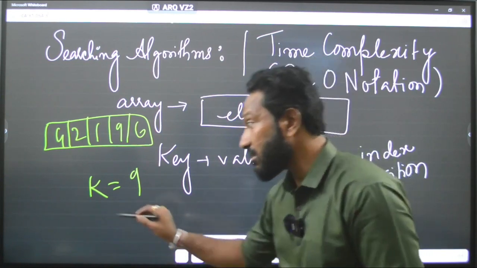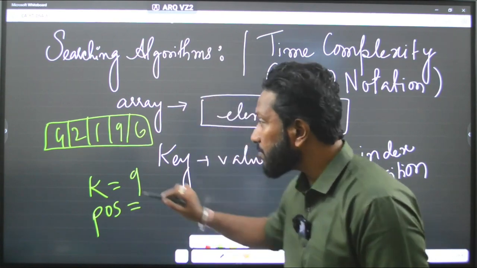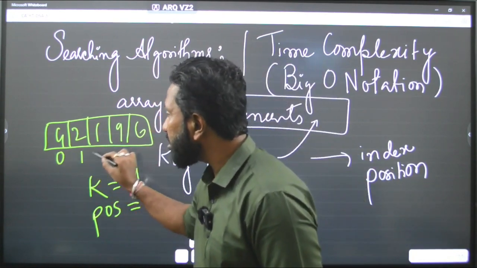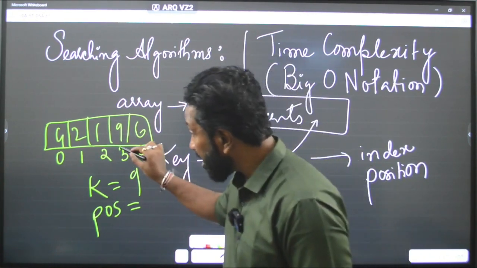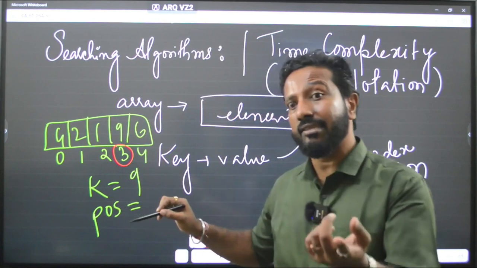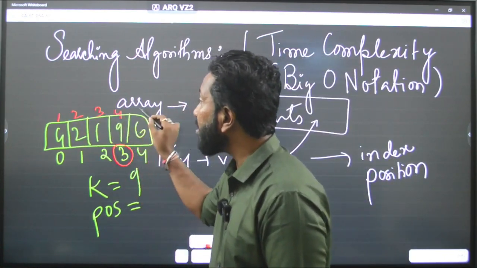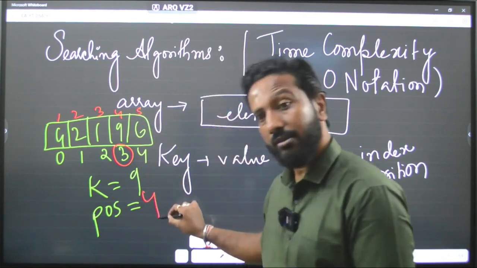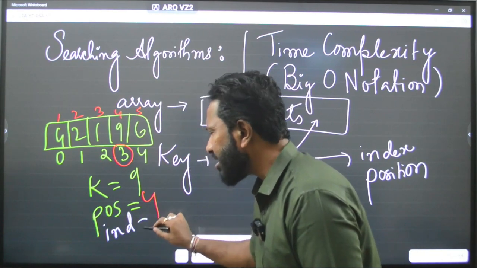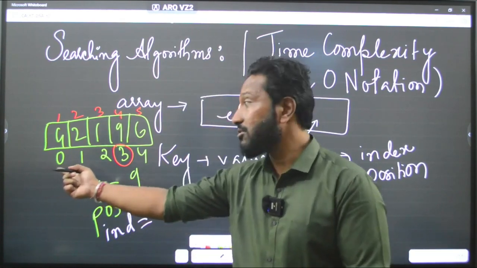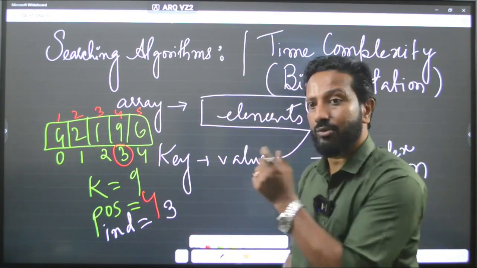Counting 0, 1, 2, 3, 4, 3 is not the position, mind you. 3 is the index. The position is 1, 2, 3, 4, 5. The position is 4. And what about the index? The index starts from 0, right? So it is 3. Please make sure you understand these two things very clearly.